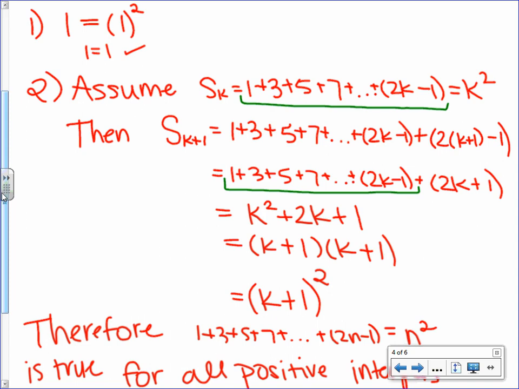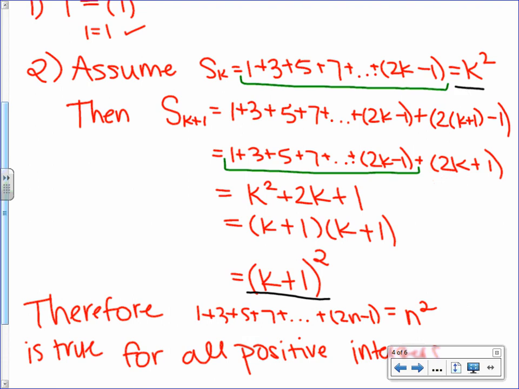Now we know what we want it to equal, k plus 1 squared, which is why we wrote that at the bottom of our page. That's what we're trying to get to. Did they give you that in the problem? That number on the page? Well, it's going to be whatever was over here that it equals. We're going to plug k plus 1 into that, and that is where we need to get to. And then in between, we just did some substitution and some algebra until we got to where we needed to be.